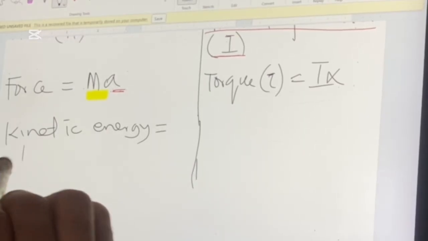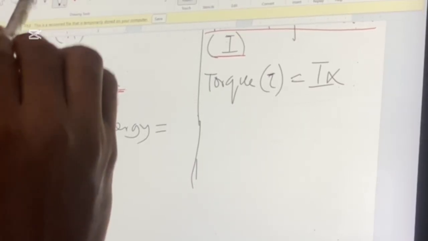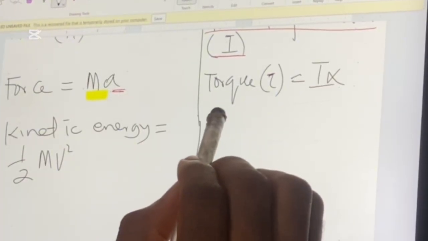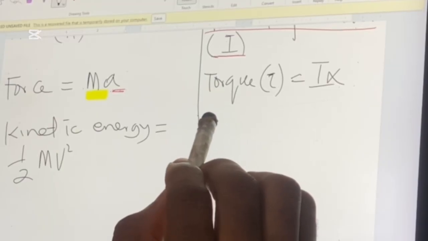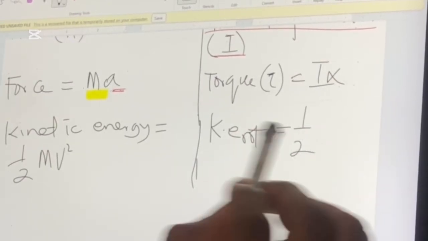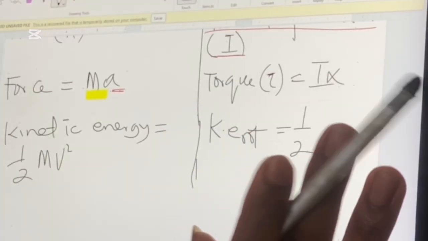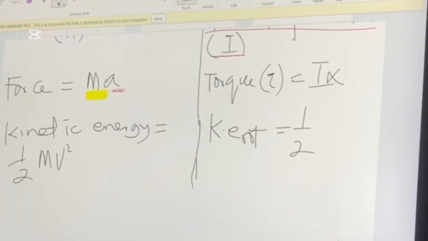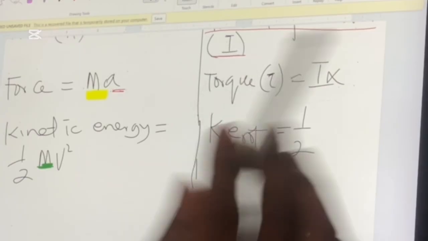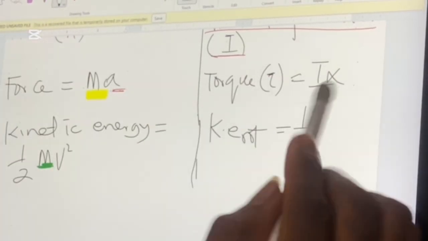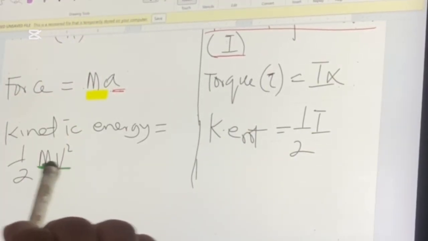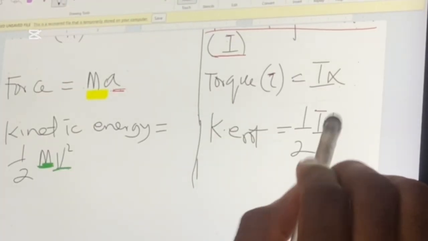The formula is half m v squared. In circular, we call it rotational kinetic energy, that is KE equals 1 over 2, I omega squared. The 1 over 2 is a constant, so it remains the same in both circular and linear. The symbol that represents mass is I, and the symbol that represents final velocity is omega squared.